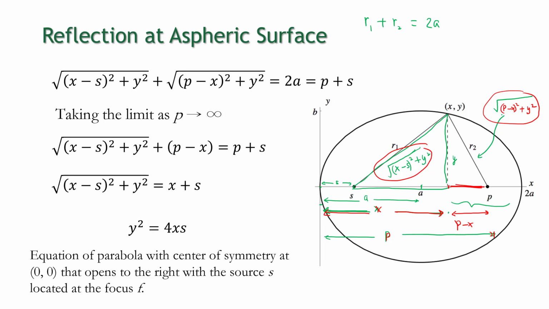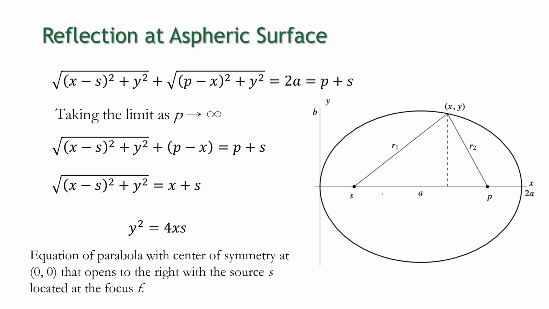If you take the sum of these two, that should be equal to 2a. Okay, that is what we have here. This is R1, that is R2, and their sum is 2a. It is a little bit messy here, so let us maybe erase this.